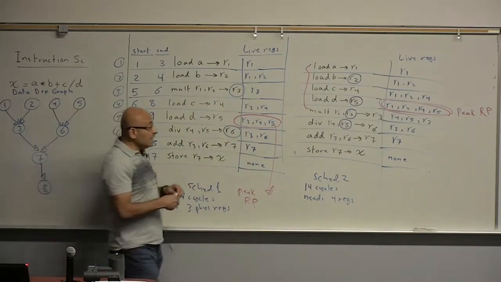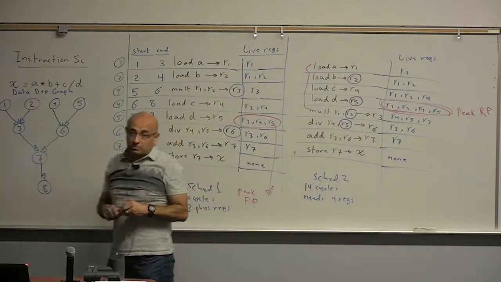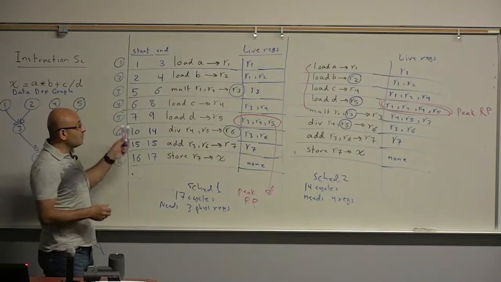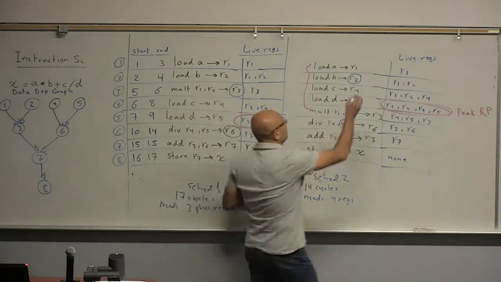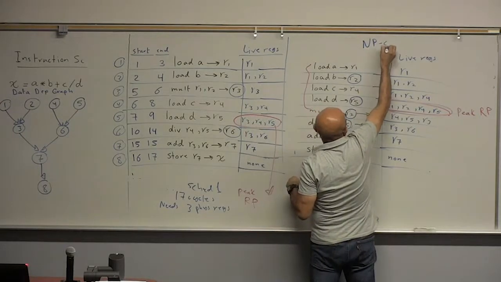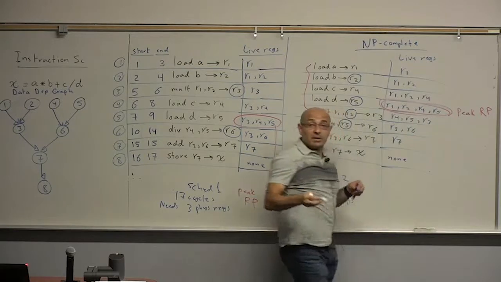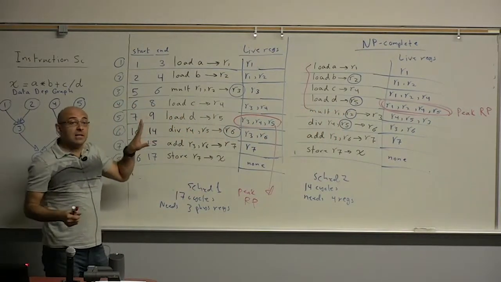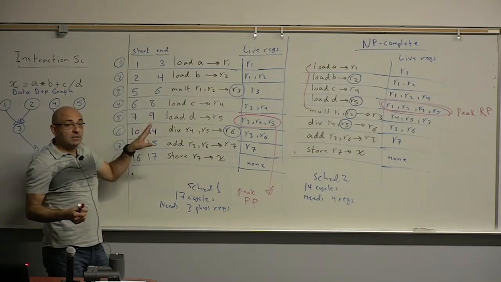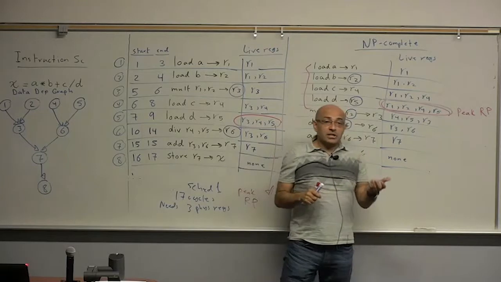But in general, this is a hard problem to solve. In fact, any realistic formulation of instruction scheduling is NP-complete. Even minimizing only one of these 2 objectives, the number of cycles or the number of registers, is in general NP-complete.